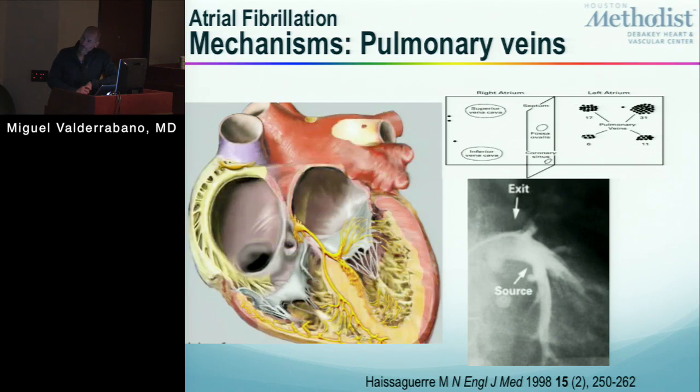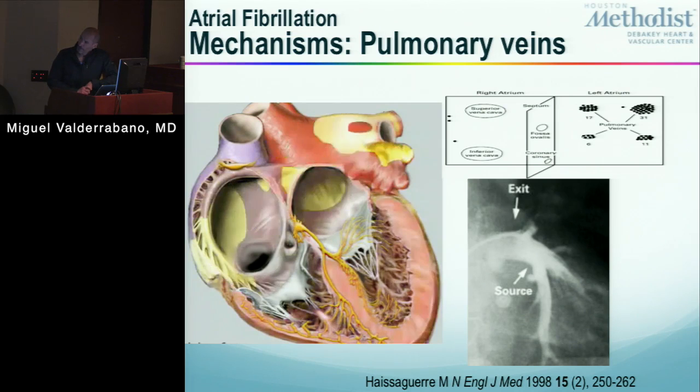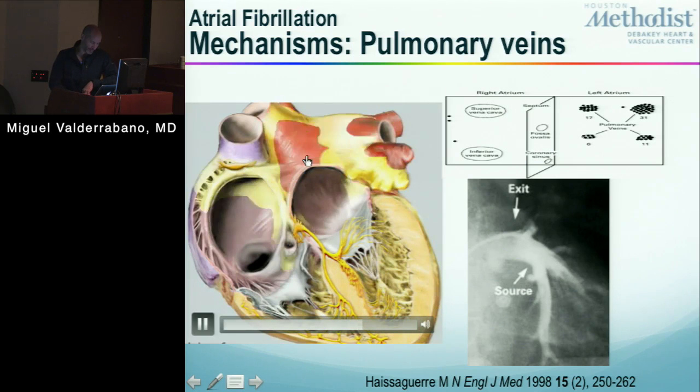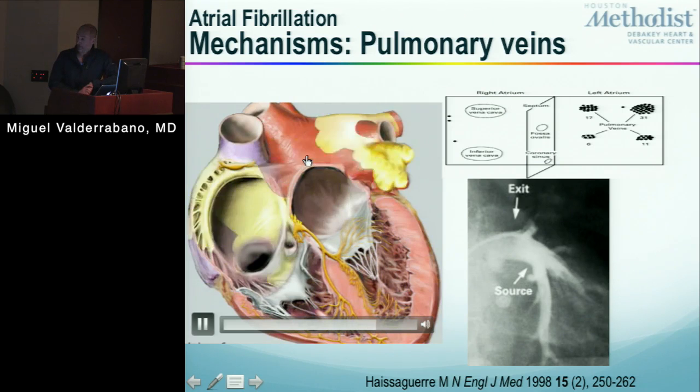We tell patients this paradigm of focal activity coming from the pulmonary veins, and that as its electricity spreads from the veins, it becomes disorganized, and therefore the atria are irregular, and then the ventricles follow the best they can.